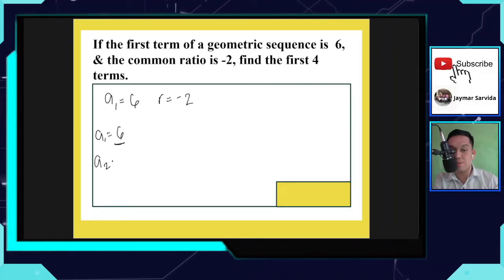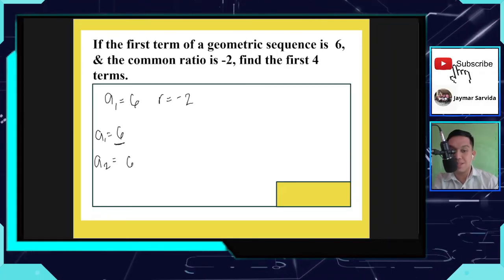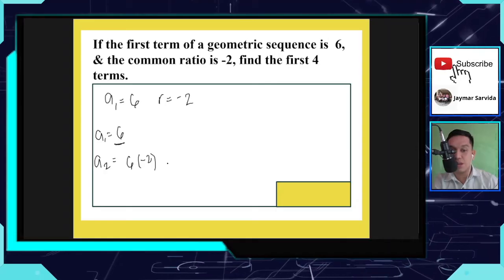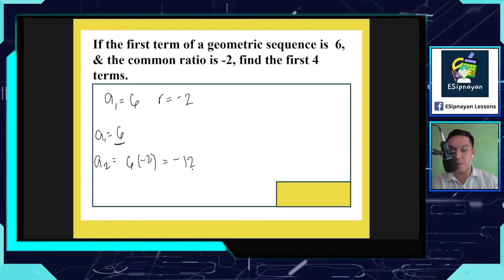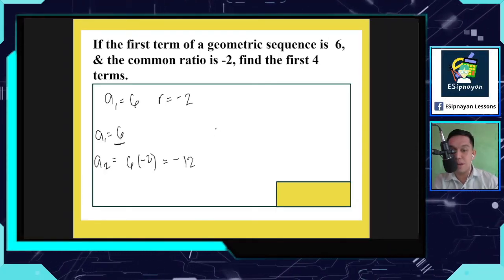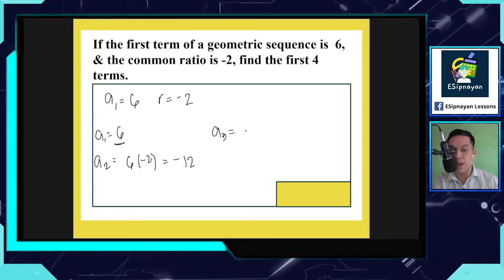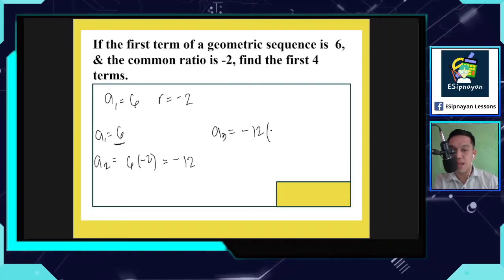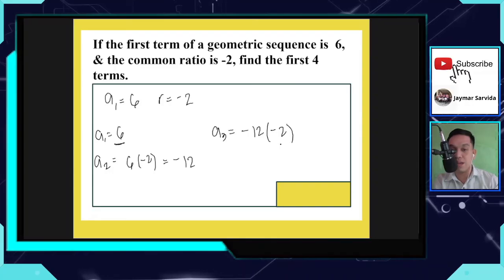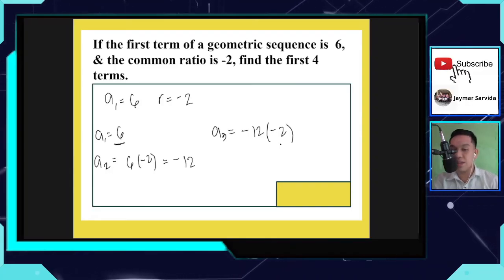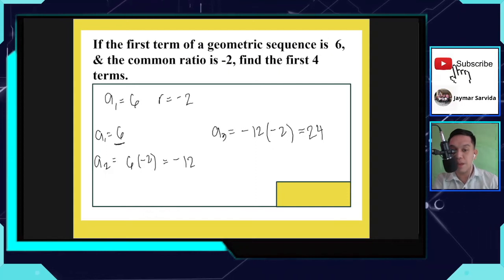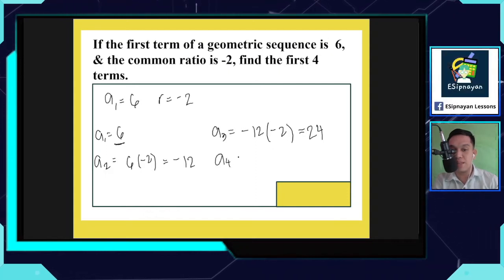Then a sub 2 is equal to 6 times yung ating common ratio, which is negative 12. And then para mahanap yung a sub 3, okay, so negative 12 times negative 2 tayo. So negative 12 times negative 2 is positive 24. Okay? And then, yung a sub 4 naman natin, we have positive 24 times negative 2 is equal to negative 48.